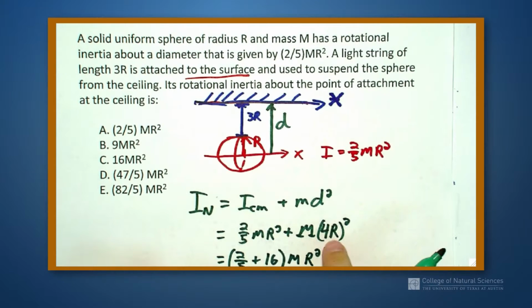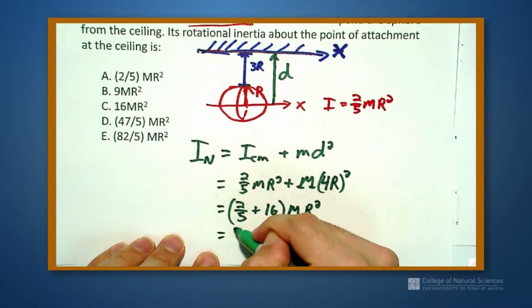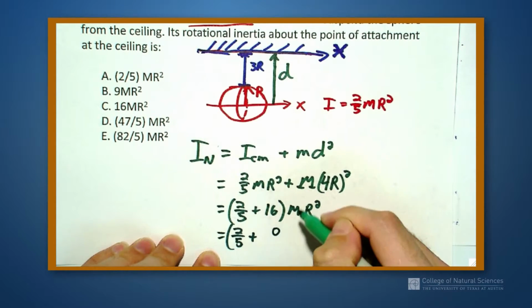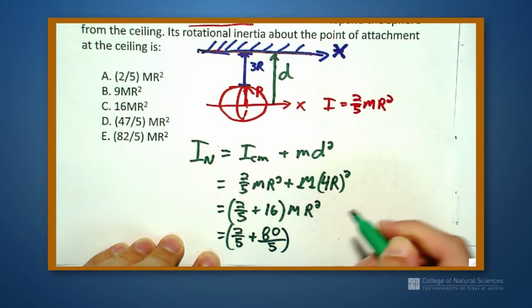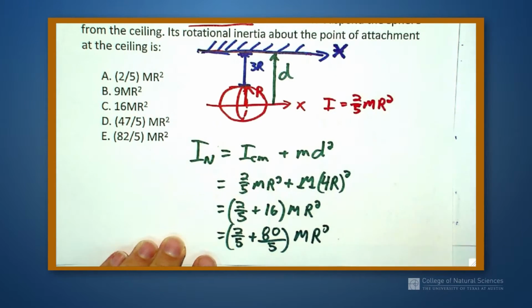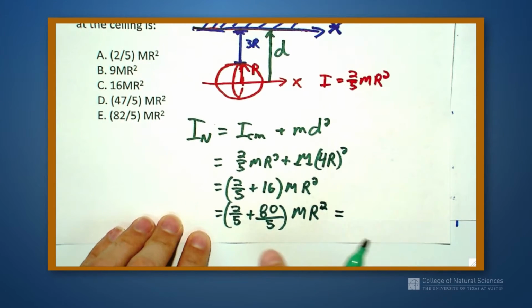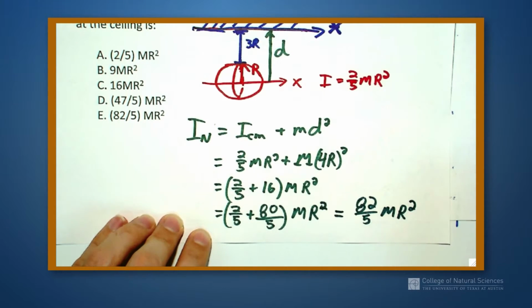I have mr squared and mr squared, the coefficient of 4 squared is 16, and the other coefficient is 2/5. Oh, this is going to be a big number. So this is going to be 2/5 plus 16. That gives me 80/5 mr squared. I'm doing this without a calculator, so you'll have to forgive me for being a little bit slow on this. I get 82/5 mr squared.